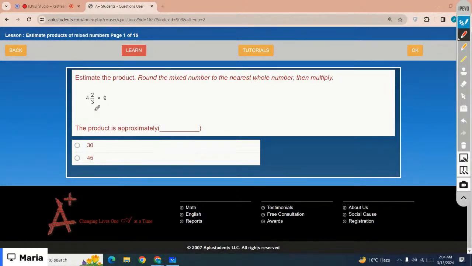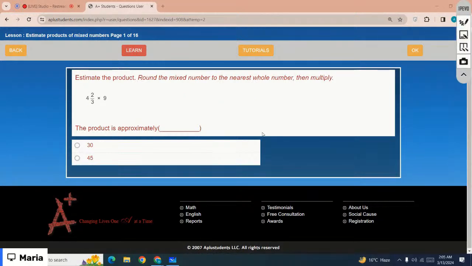Here you have 4 whole 2 over 3. 2 over 3 is greater than half, so you round to the next integer. 4 whole 2 by 3 is rounded off to 5, so that would be 9 times 5, which equals 45. So the correct option is 45.